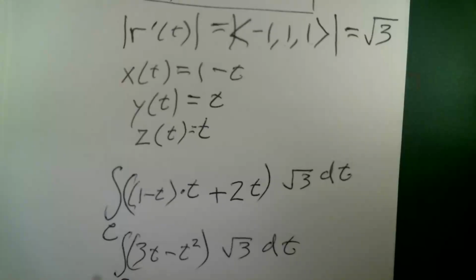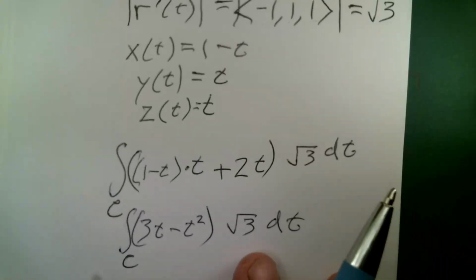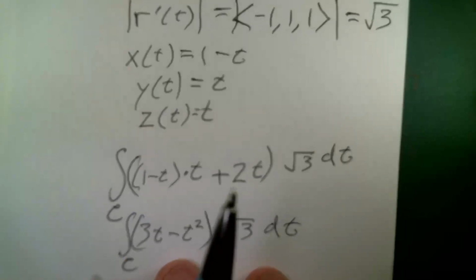And really, I don't have to use this artifice of saying it's the integral over the curve C anymore, because this is all done in terms of the t parameter. So what range of values does the t parameter pass through as we move along the curve?